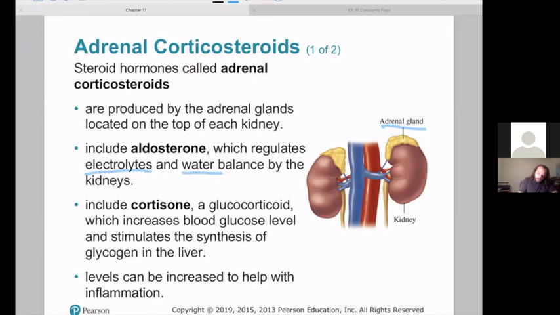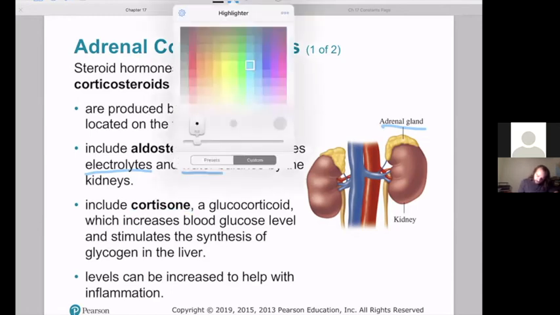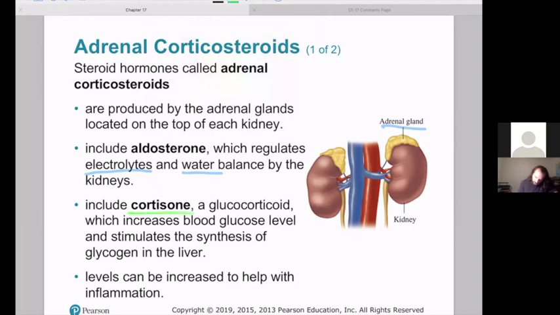Yeah, so aldosterone is electrolytes and water, whereas cortisone is going to be regulating, use a different color, sort of varies with your blood glucose levels, as well as how much glycogen, which we talked about in our carbohydrates lecture, right?